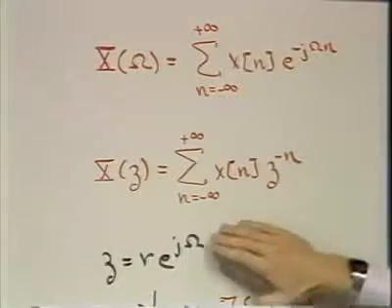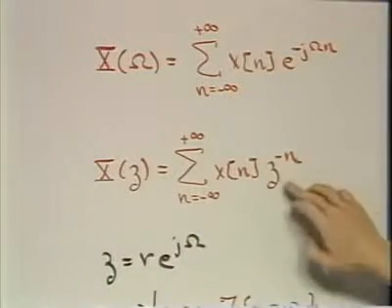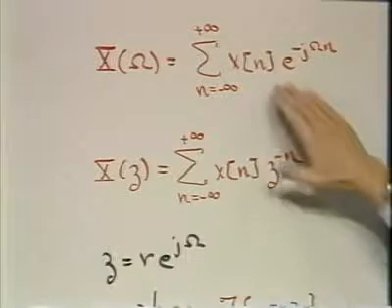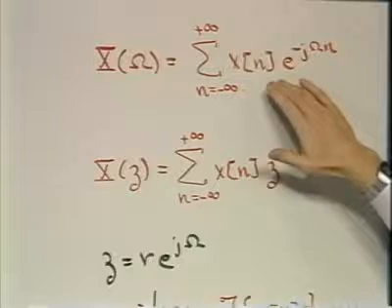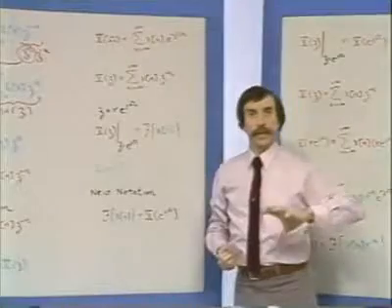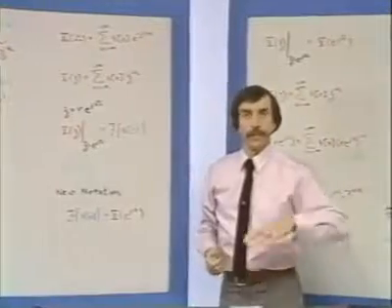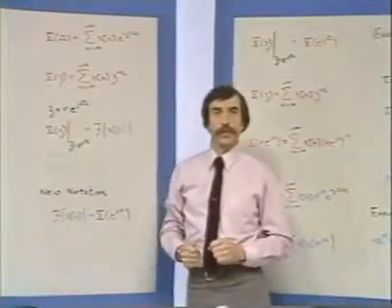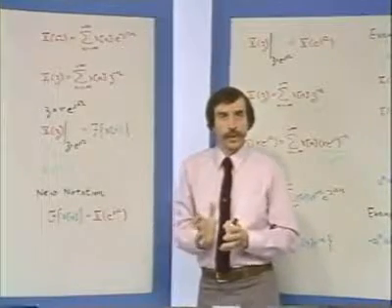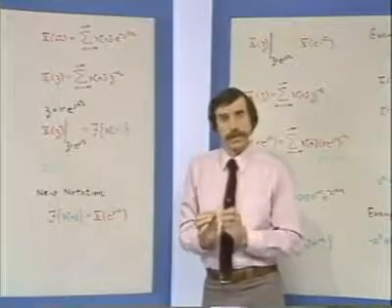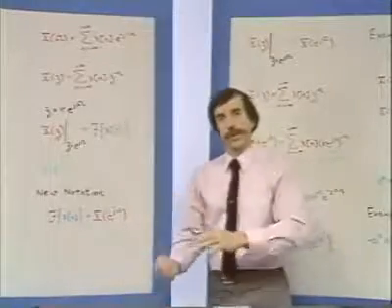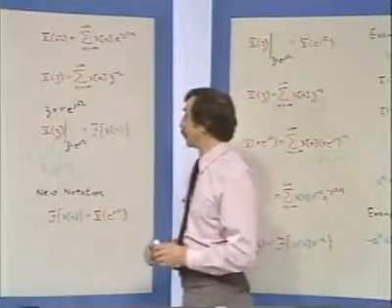Said another way, the z transform, when z is e to the j omega, is going to reduce to the Fourier transform. So we have a relationship like the one we had between the Laplace transform and the Fourier transform in continuous time, namely that for a certain set of values of the complex variable, the z transform reduces to the Fourier transform.